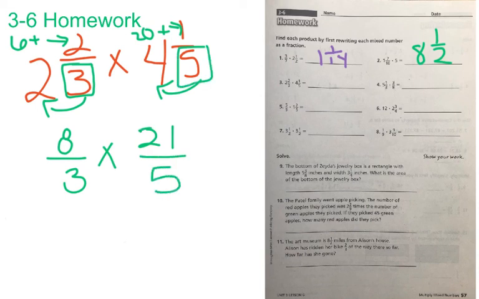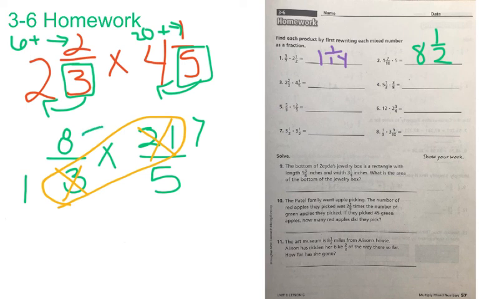And now I can multiply, but this is another situation where we can cross reduce to make it a little bit easier, because 3 is a factor of 21. 3 times 7 is equal to 21. So 3 can go into 3 one time, and 3 can go into 21 7 times. So now I have 8/1 times 7/5.